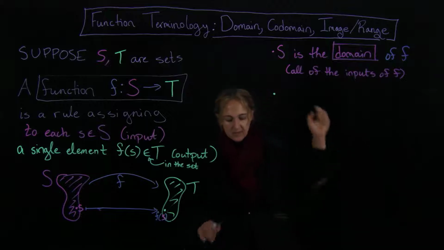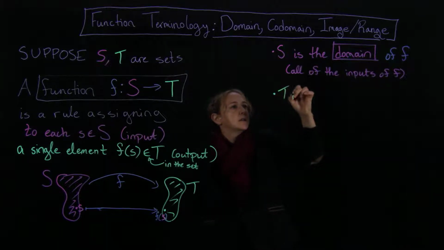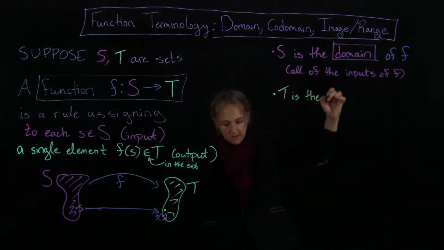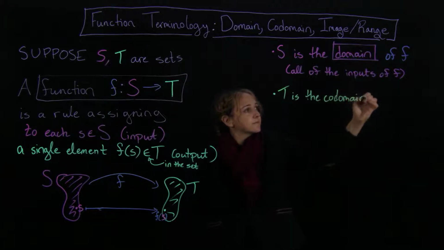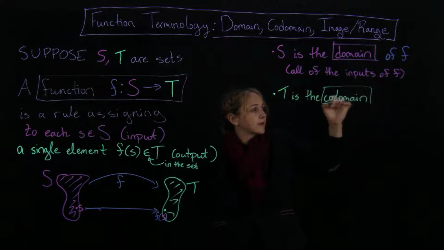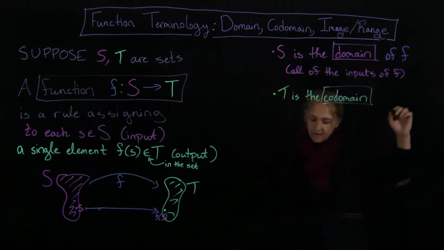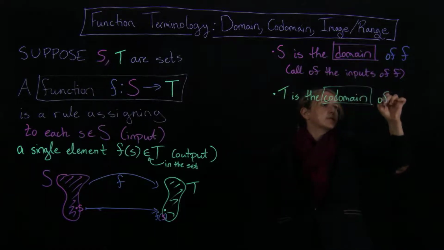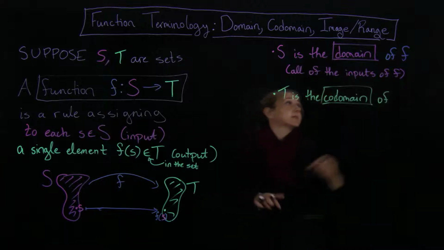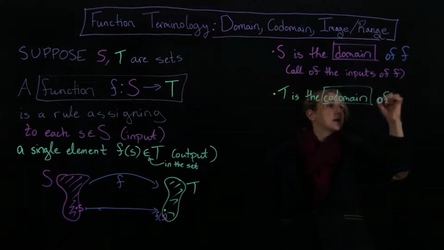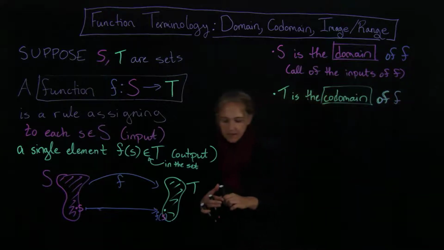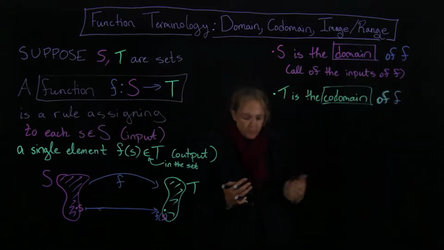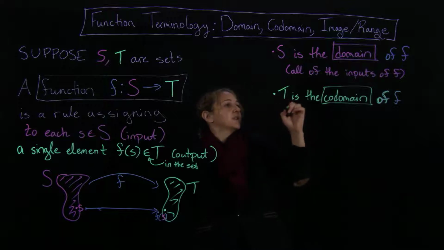So T is the codomain of f. Oops, I was doing this in blue like my function f. So this is all the potential outputs.